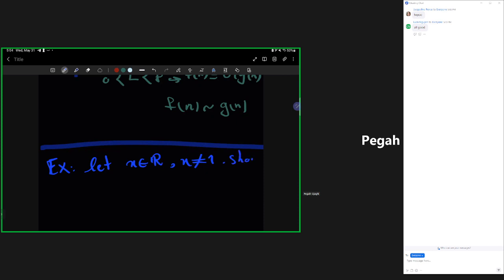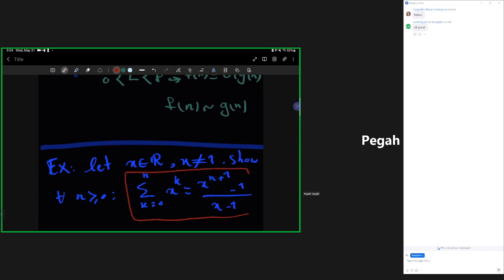And then you want to show this for n greater than 0, the sum divided by x minus 1. We consider this one to be Pn. Just think about it for a minute.